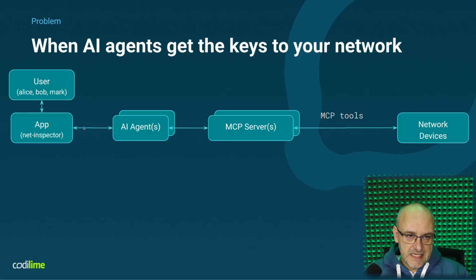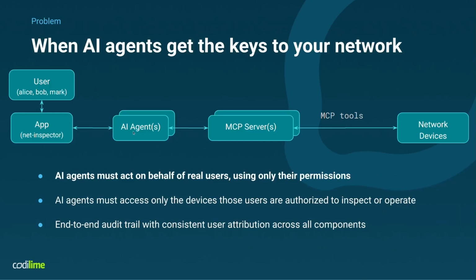The problem is that the users have different roles and different permissions, and what we would like to achieve is that our agents and our application that is supporting the user and acting on behalf of them use only their permissions and scopes. This is our primary goal.